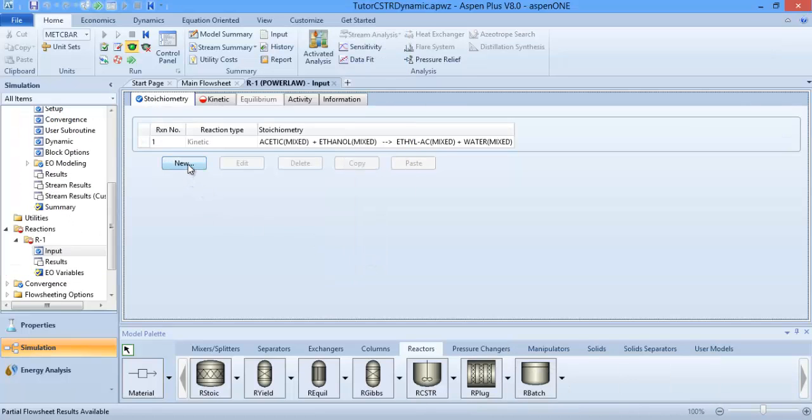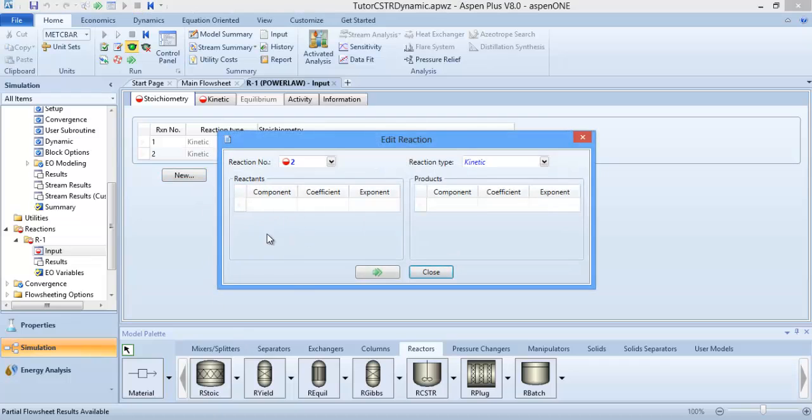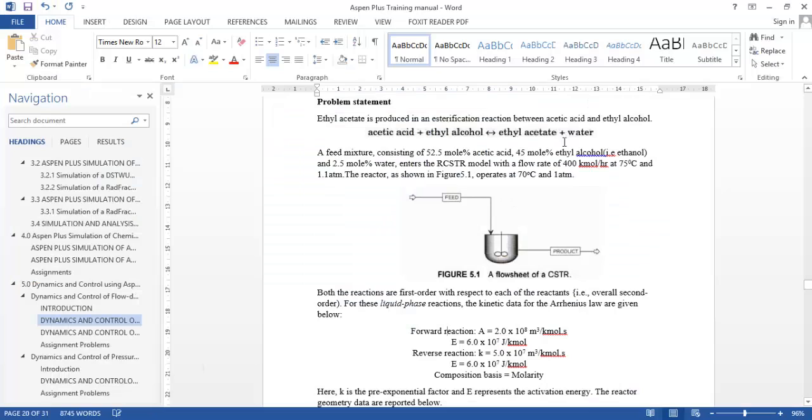To account for the reverse reaction, we create another reaction. You already know that, and that will be in this direction. That's ethyl acetate reacting with water to form acetic acid and alcohol.